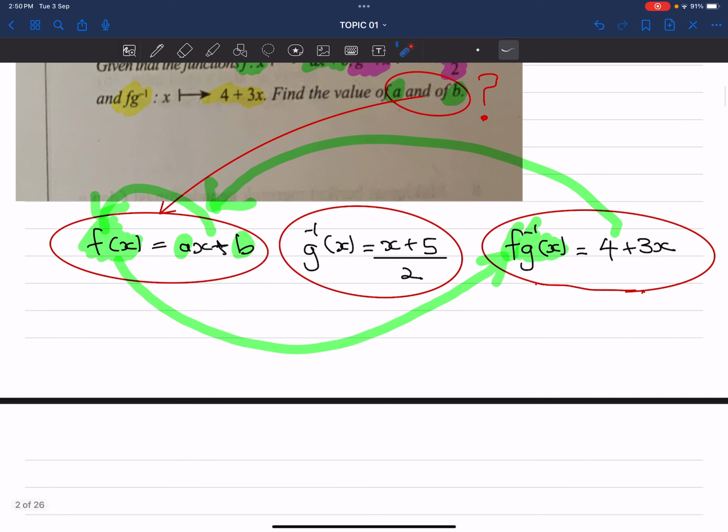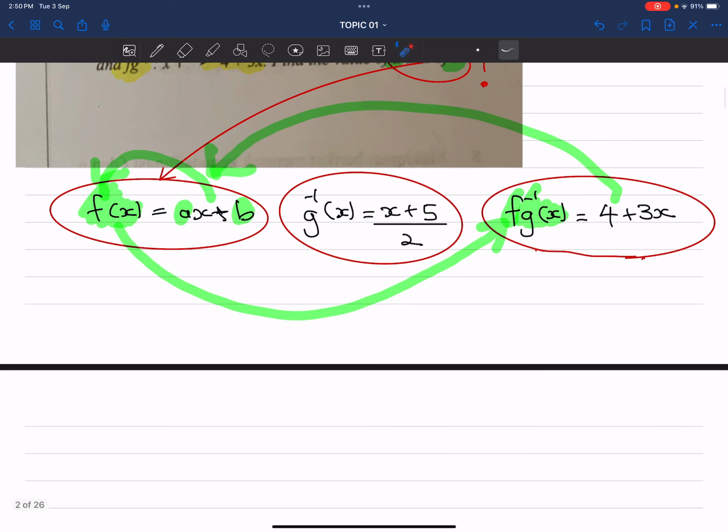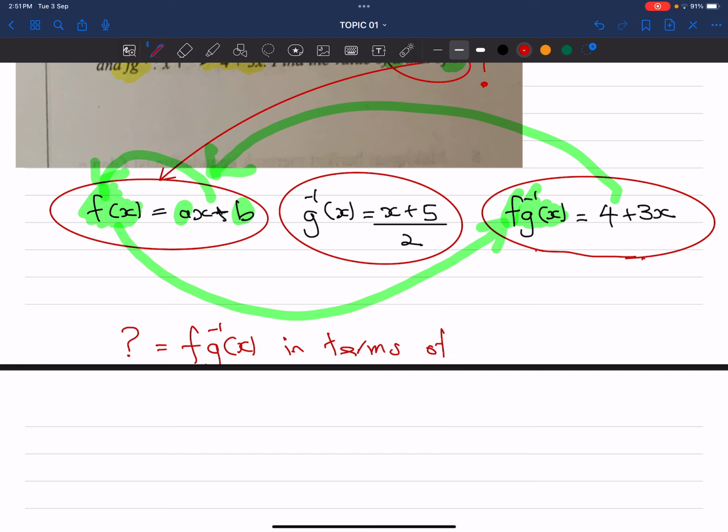And this f, that is given in terms of a and b, I'm going to use together with g inverse to find another fg inverse x, but now in terms of a and b.